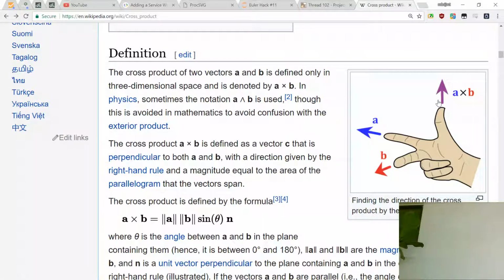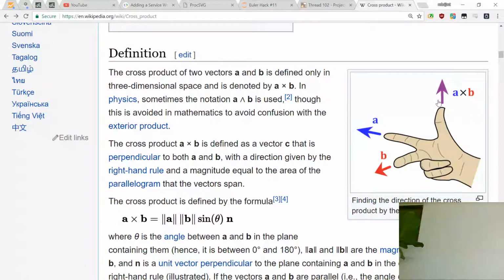For example, AB is pointed something like this, and AO is something like this. So it will be on this side.